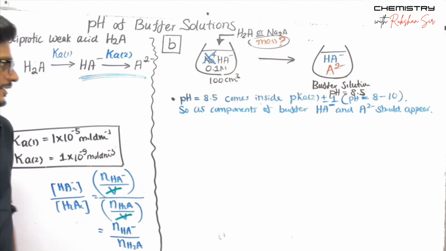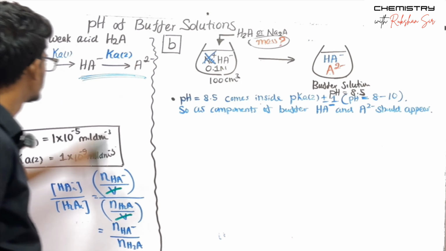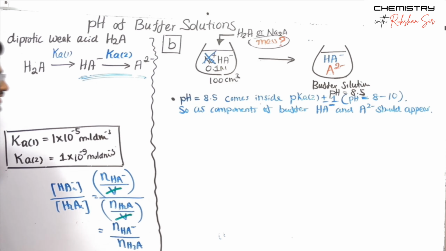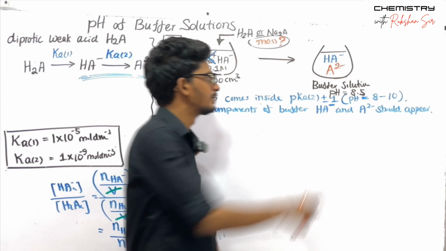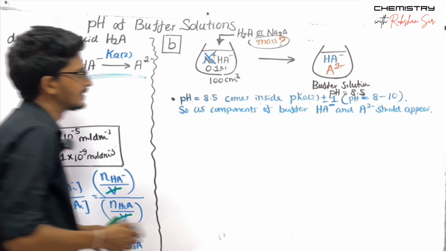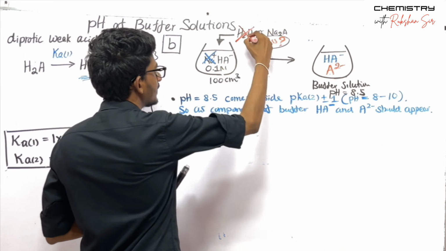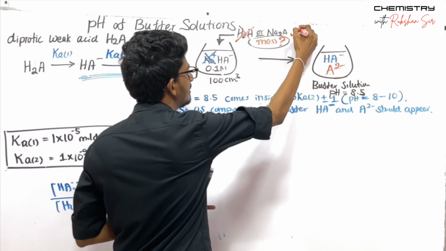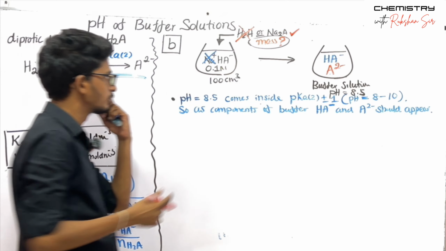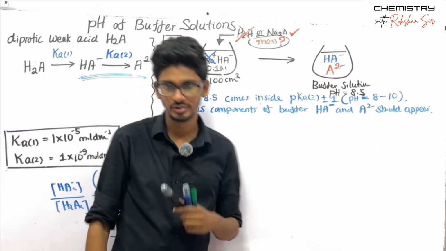So the conjugate pair coming up with the pKa2 is the HA minus and the A2 minus. So those are the two components that should be inside the buffer solution. So we need to consider the A2 minus. So the Na2A should be the species to add to HA minus to prepare this 8.5 buffer, first of all.